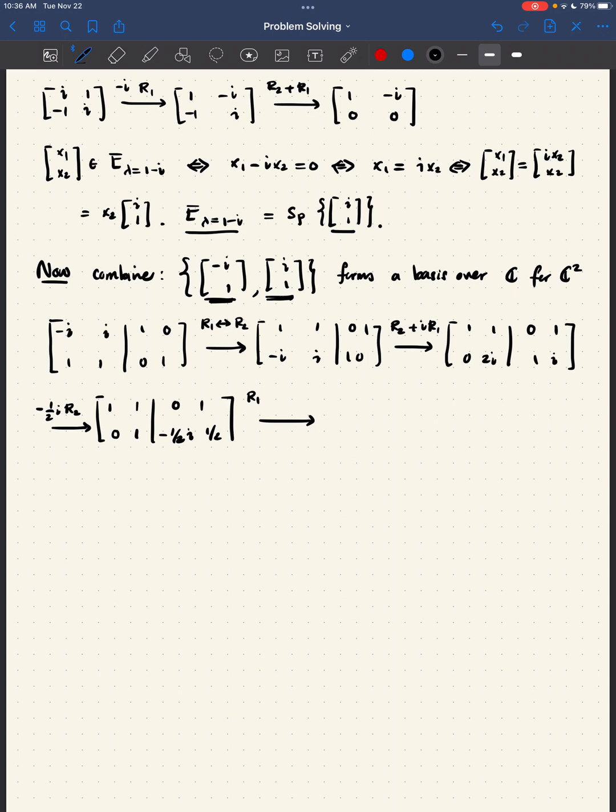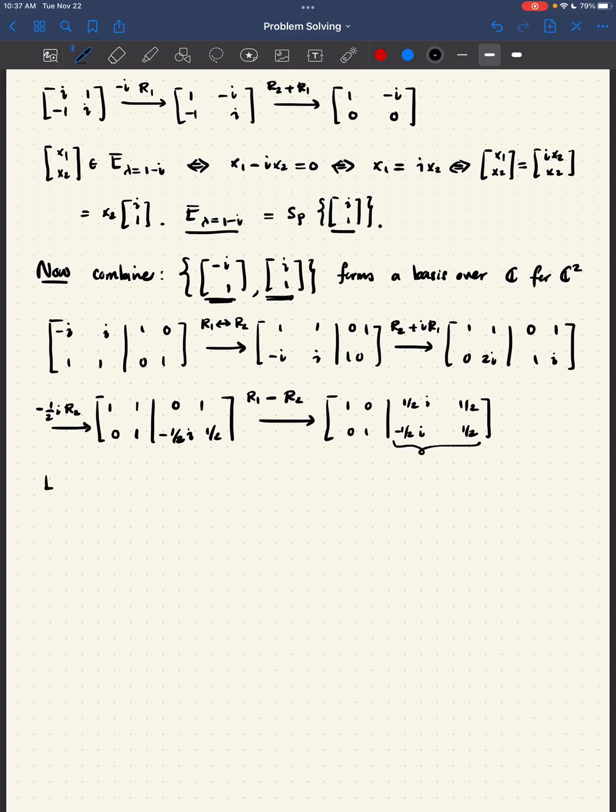From row 1, we subtract row 2, and we'll get this: 1, 0, 0, 1, 1/2 i, 1/2, negative 1/2 i, 1/2. Right? So the matrix that is located here is the inverse.